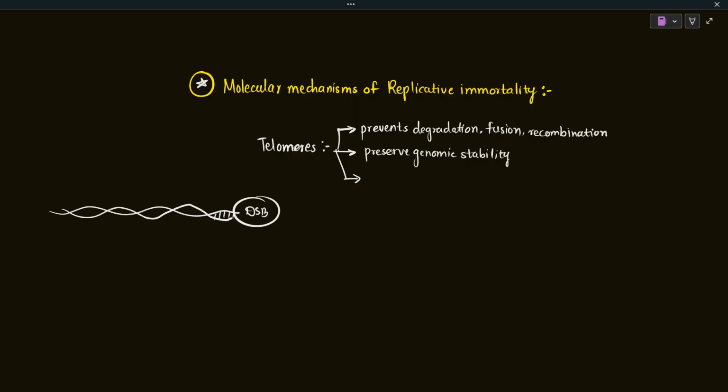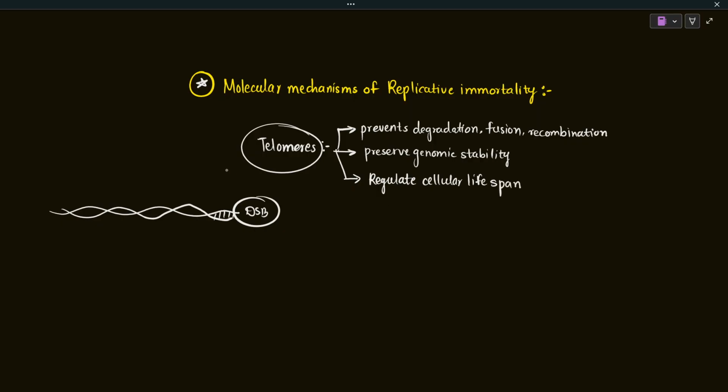Again, telomeres serve as the mitotic clock. As the telomere length keeps shortening, it shortens the cellular lifespan. Telomeres also regulate cellular lifespan; the length of telomeres directly conveys the lifespan of the cell.